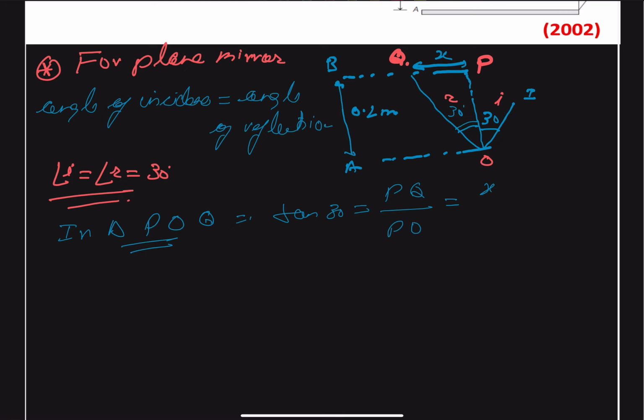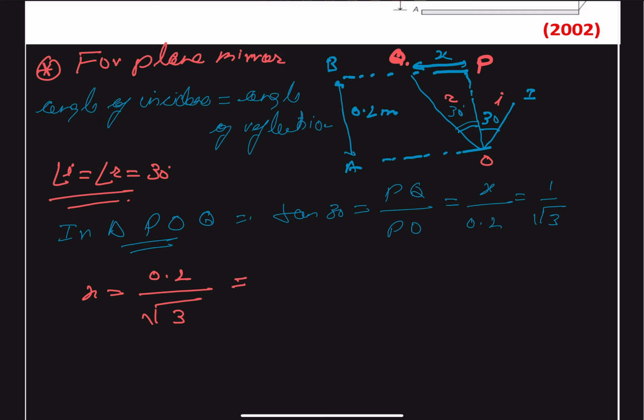PQ is our x, PO is 0.2. And we substitute the value. Tangent of 30 is 1 upon square root of 3. So this gives us that x will be equal to 0.2 divided by square root of 3.